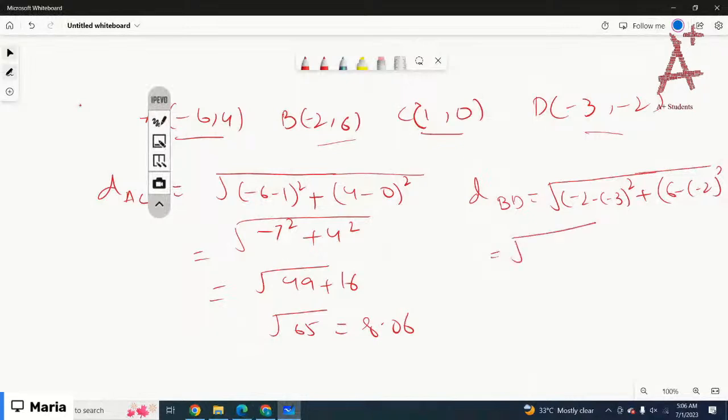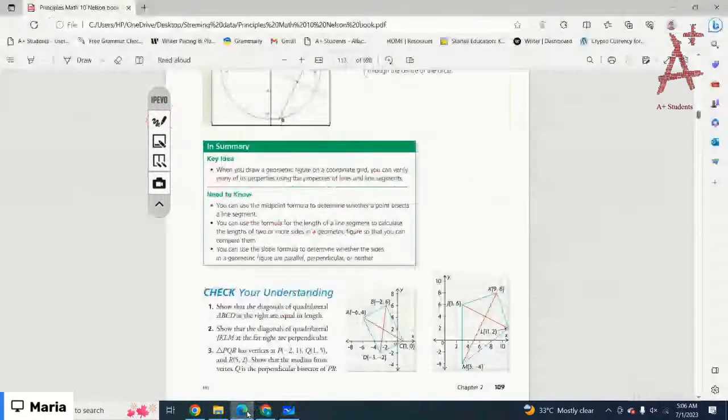So negative 2 plus 3 is 1 square and 6 plus 2 is 8, it would be 8 square. So 1 plus 64 is 65, and again it is equal to 8.06. Okay, you can see both the distances are equal. That means that the length of the diagonals are exactly equal. Got it?